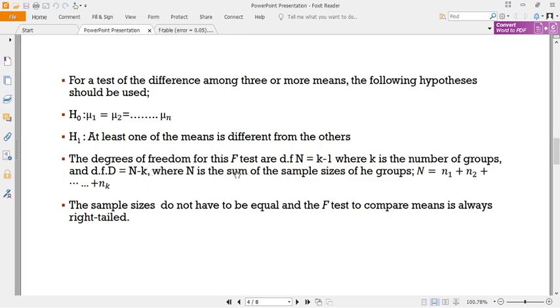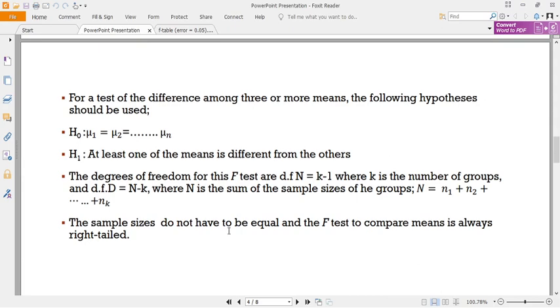We also use degrees of freedom, and for the F-test we have the degrees of freedom of the numerator, which equals k minus 1, where k is the number of groups, and the degrees of freedom of the denominator, which is the total sample size minus the number of groups. We also need to know that the sample sizes do not have to be equal, and the F-test to compare the means is always a right-tailed test.